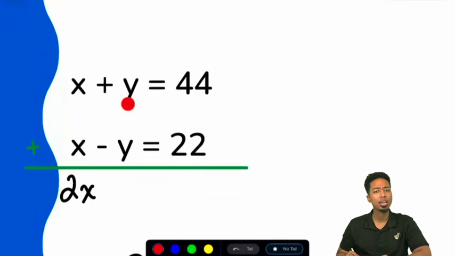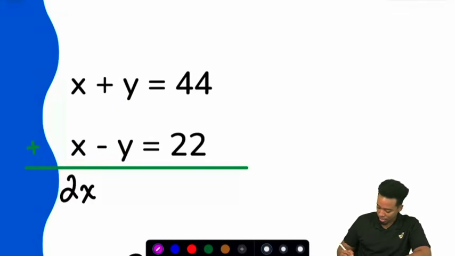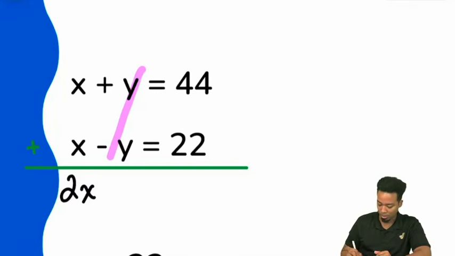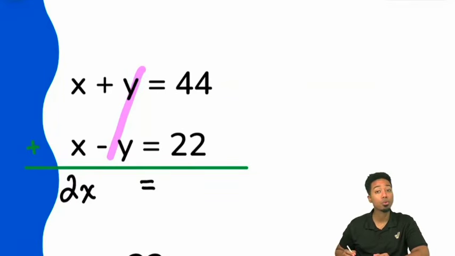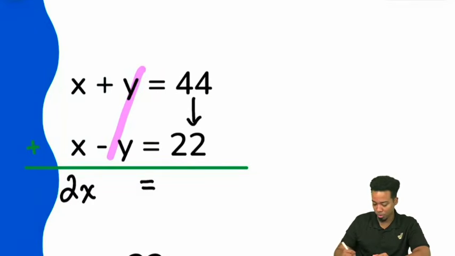We have y plus negative y, which is the same thing as saying y minus y. What happens there? Right, it cancels out. So that's no dice there, goodbye. And then we have 44 plus 22. 44 plus 22 is what? It's going to give us 66.